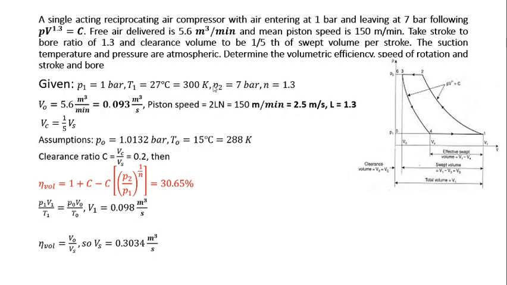See, the first thing you have to note is that the suction temperature and pressure are atmospheric. That means at the suction condition, V1 minus V4 is equal to free air delivered, right?